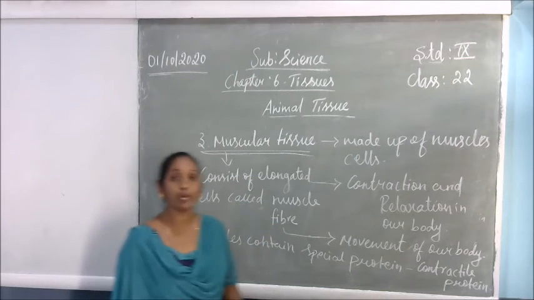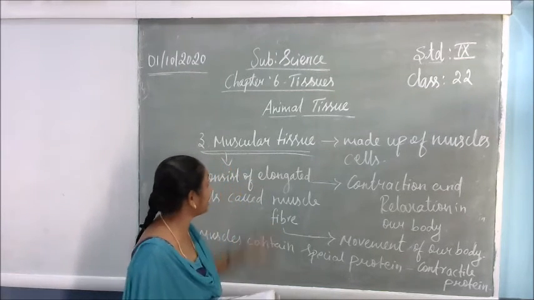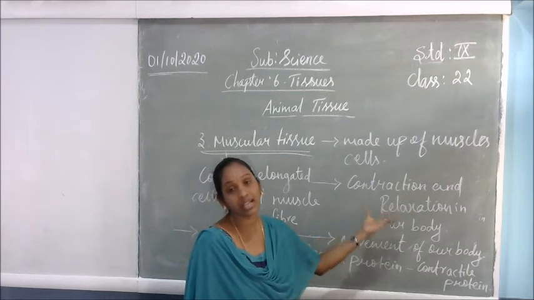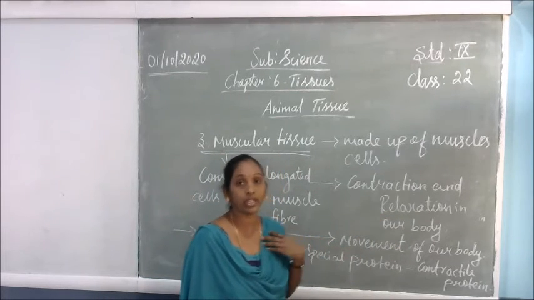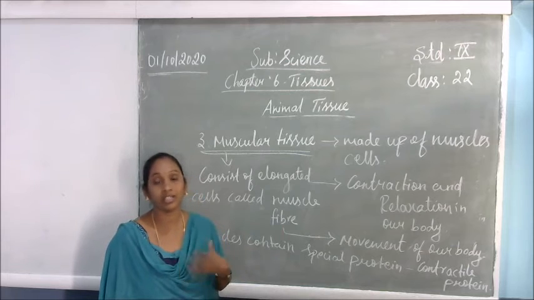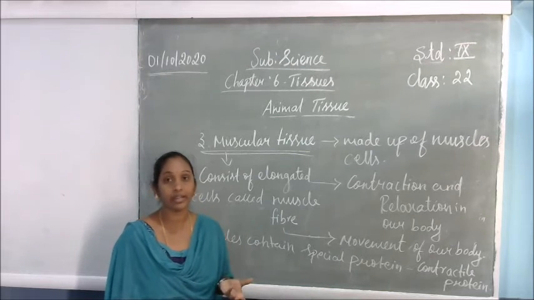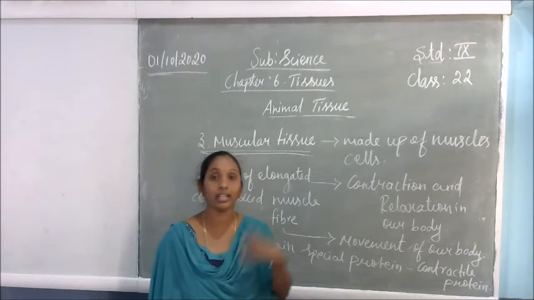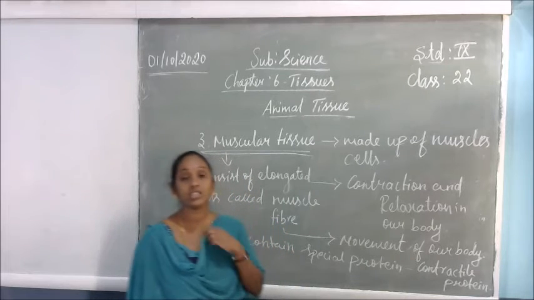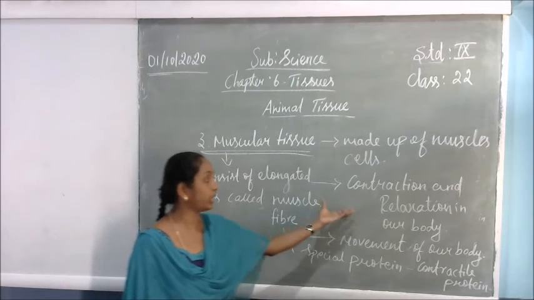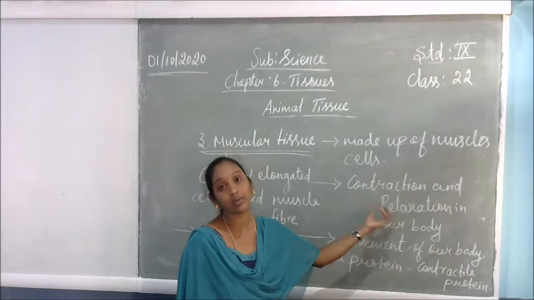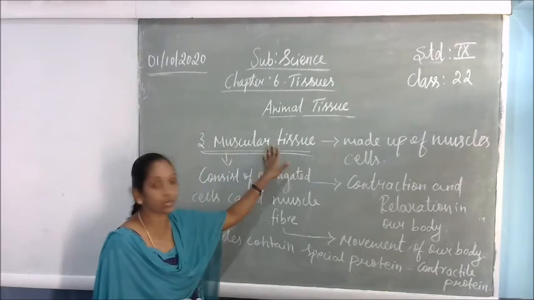What is the important work of muscle tissue? Contraction and relaxation of our body. For example, in breathing, we take in oxygen and release carbon dioxide. At that time we can see our chest going up and down because of our chest muscle cells. So contraction and relaxation happen in our body because of muscular tissues.